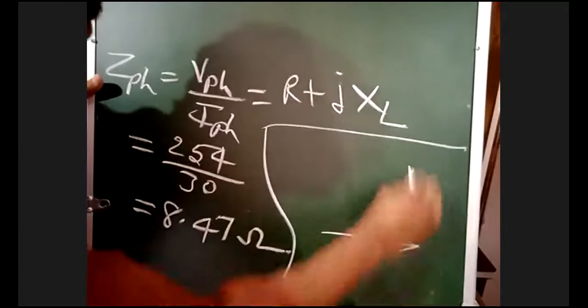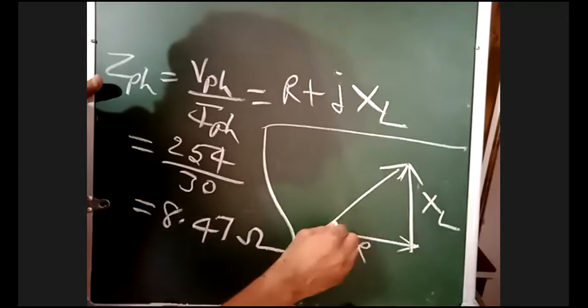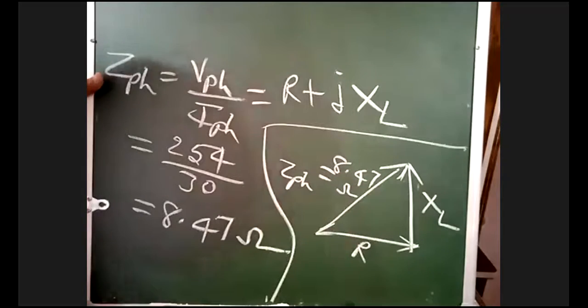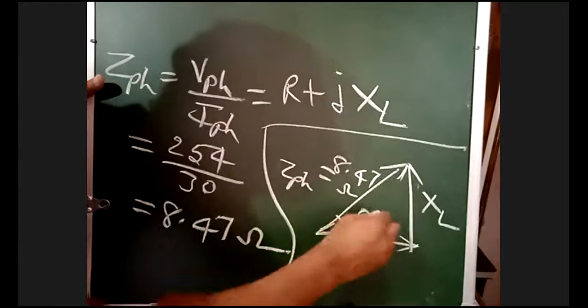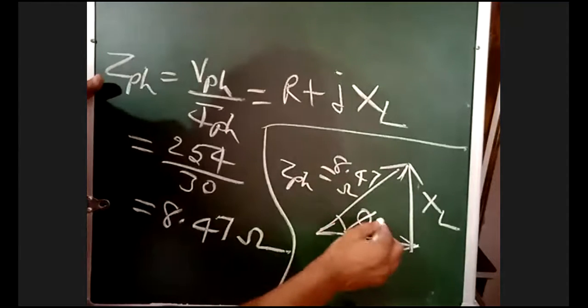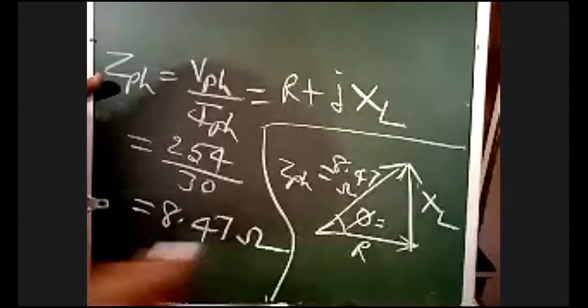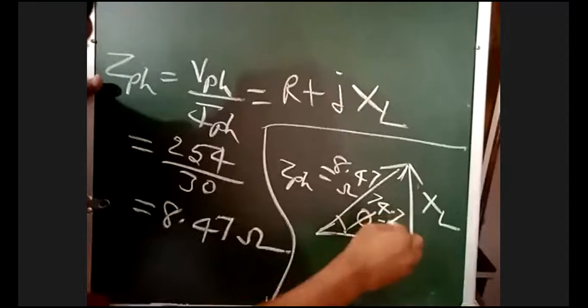This is R, this is XL, this is your Z. 8.47 is the Z value. And you know the phi value, 74.78.